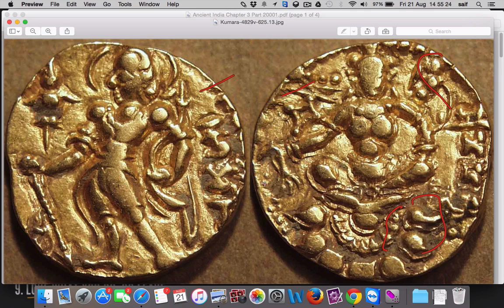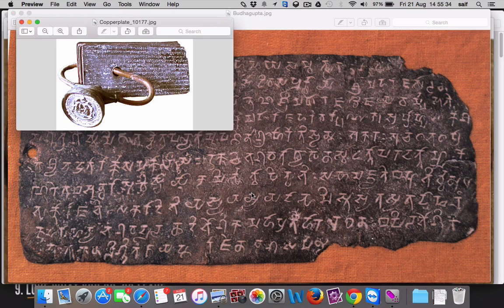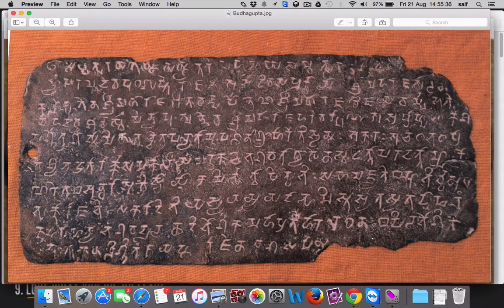So this was there on the coin, but it wasn't much information for people to know about ancient India. So here the inscription came into the picture. This is also one type of inscription. In some inscriptions it is written from left to right, and in some from right to left, depending upon the period.